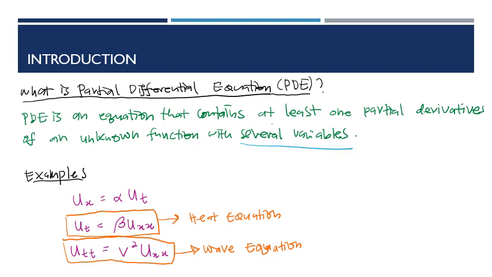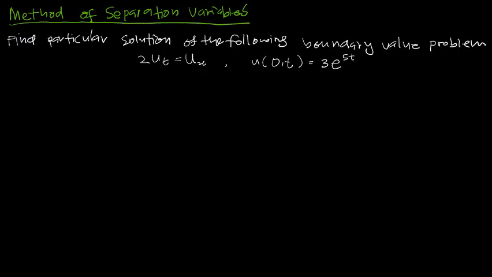In an ODE, we only involve one variable, but for the PDE, it involves several variables. For example, here we have u x equal to alpha u subscript t. Also we have the heat equation and the wave equation. All the equations here represent partial differential equations.